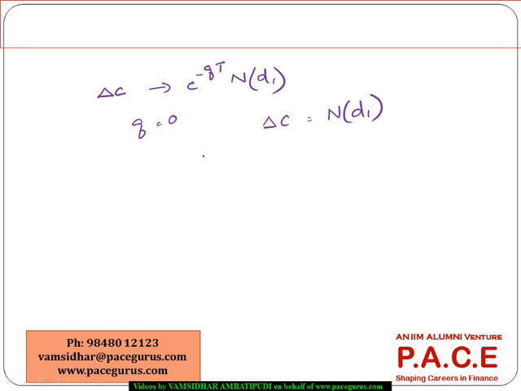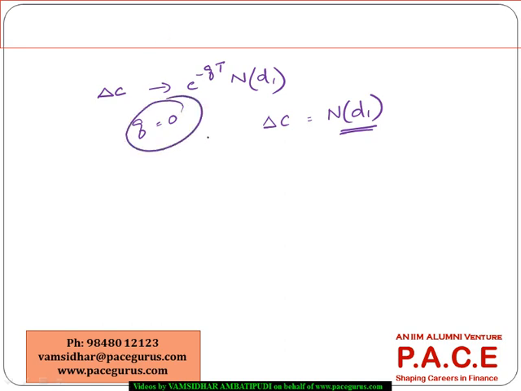So what we can very well say is that in the Black-Scholes formula, whatever N of d1 we are getting in case of a call option, it is the same as delta if the underlying asset does not pay any kind of dividend.